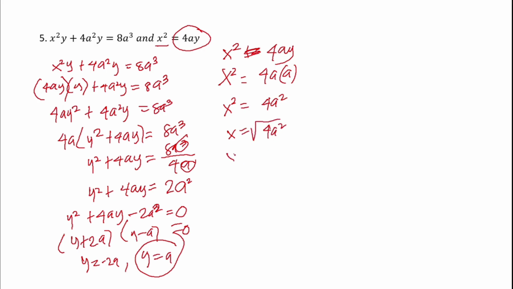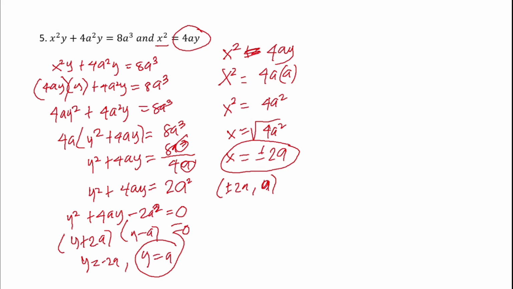So x is equal to positive and negative 2a. So these are the values, x is positive and negative 2a, and y is a. These are the values that we're going to make use of. So these are the intersections.